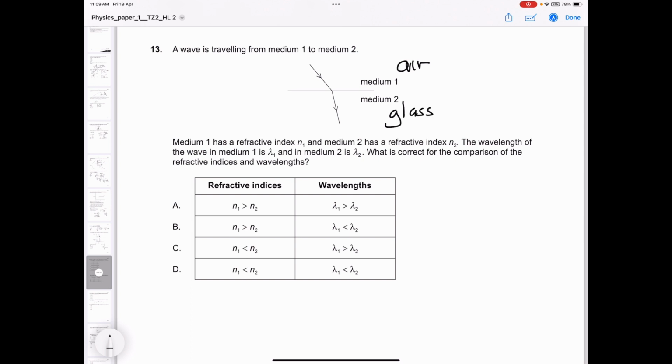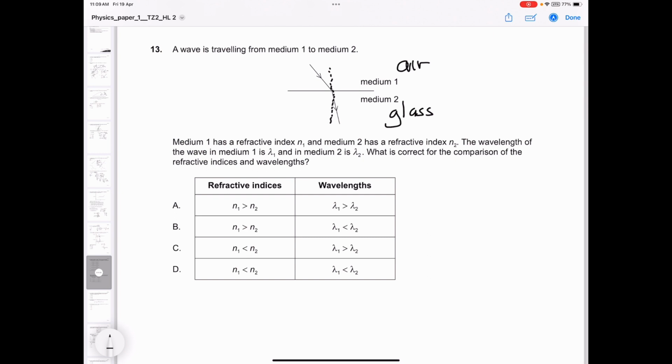This corresponds quite well to diagrams that we've seen for refraction of waves in our textbooks. If it goes from air to glass, the wave is always refracted towards the perpendicular.